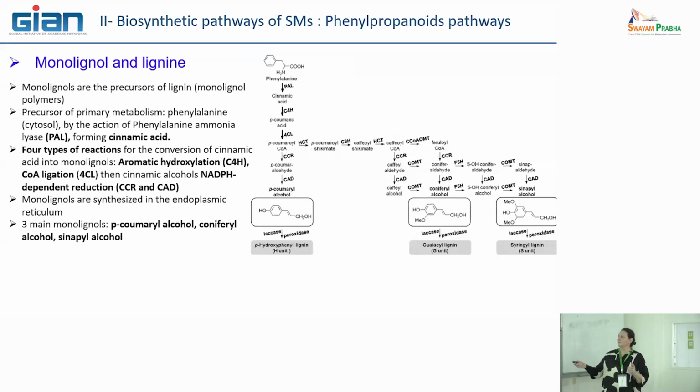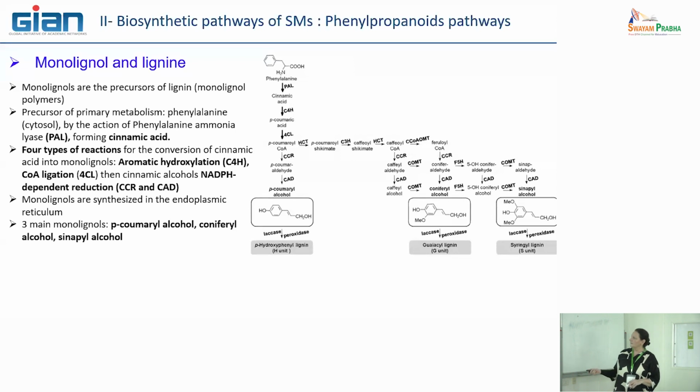And after that, you can see that from the same precursor, we can also produce two other precursors, which are caffeoyl-CoA or feruloyl-CoA, and both of them also lead to two other units named G unit or S unit: S for syringyl, G for guaiacyl, and H for p-hydroxyphenyl. Okay, that's all.